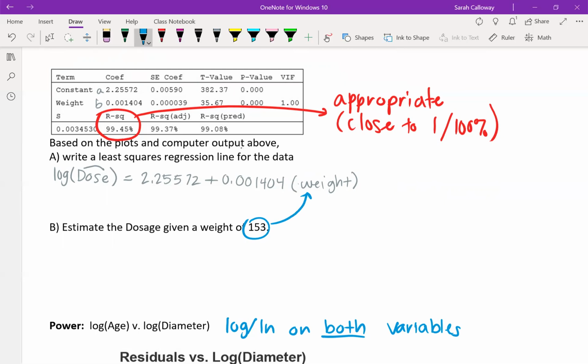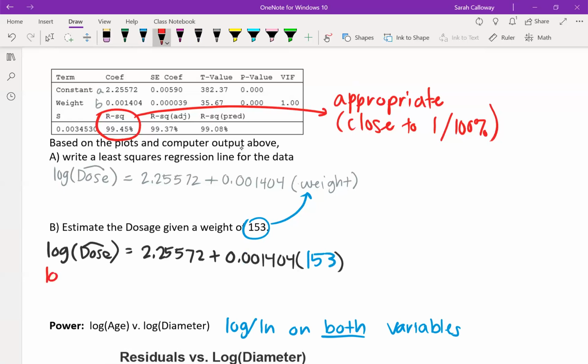So we're going to take our regression equation, log of the dose hat is equal to 2.25572 plus 0.001404 times the weight, and we're looking at a weight of 153, I'm guessing pounds.